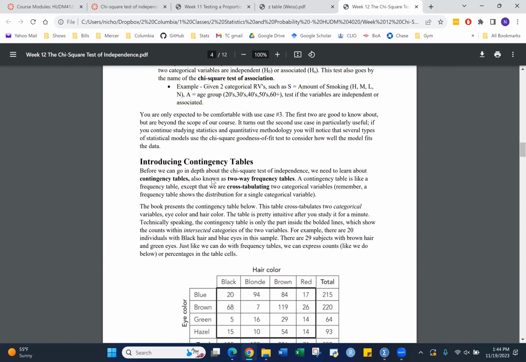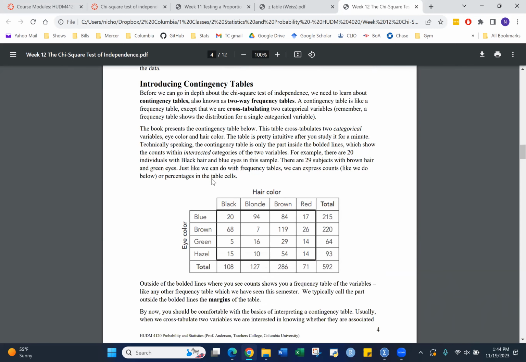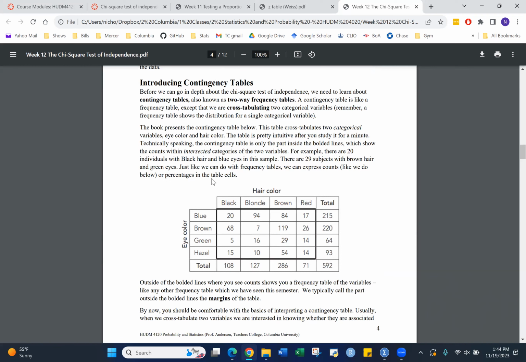Before we can introduce that test and its logic, we need to talk about contingency tables. These are very useful descriptive statistic techniques. In the first few weeks, we learned about frequency tables. Say I had a variable like eye color, which has, in this sample of data, blue, brown, green, and hazel. I could create a frequency table, which happens to be here in the right margin of the table: 215 people with blue, 220 brown, 64 green, 93 hazel, total 592.